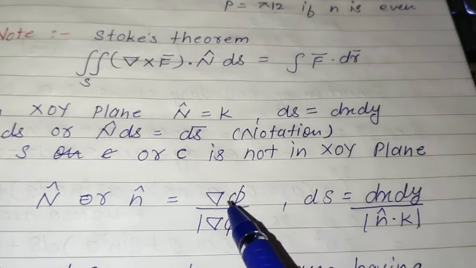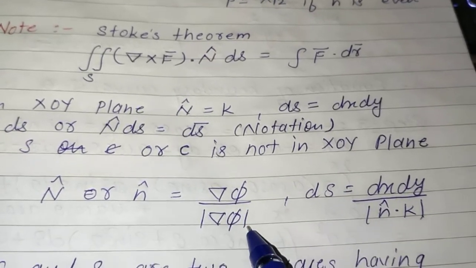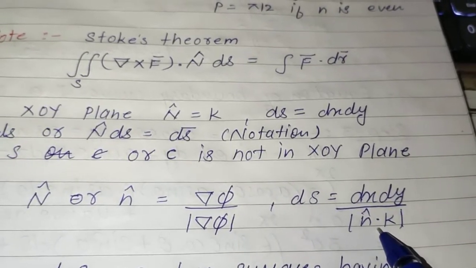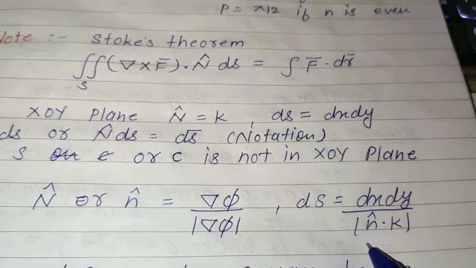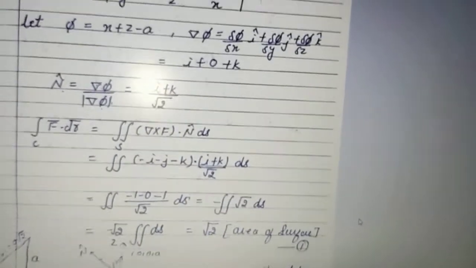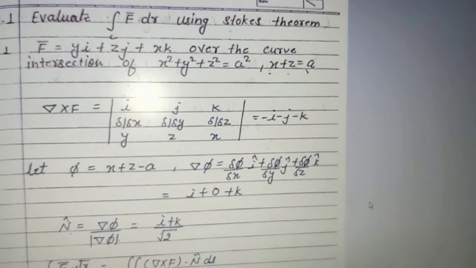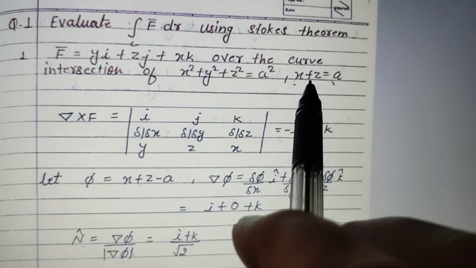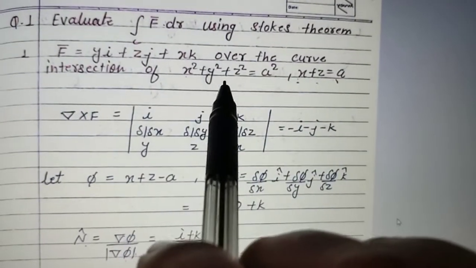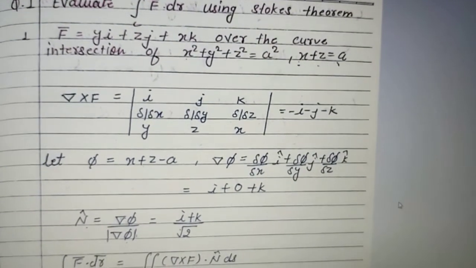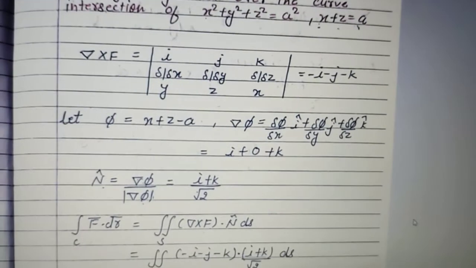So n cap is the gradient of phi upon modulus of gradient of phi, and ds will be dx dy upon modulus of n cap dot k cap. Here this is the sphere and this is the plane, so it will be x y z axis. Okay, so what will we do? We will find n cap and ds.